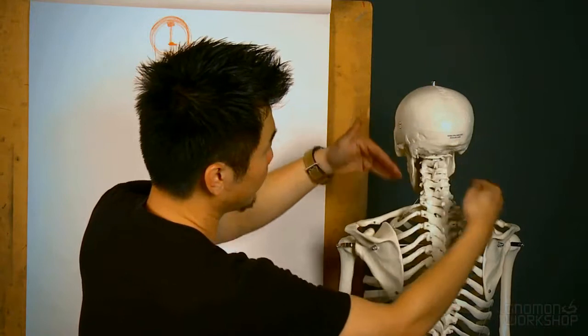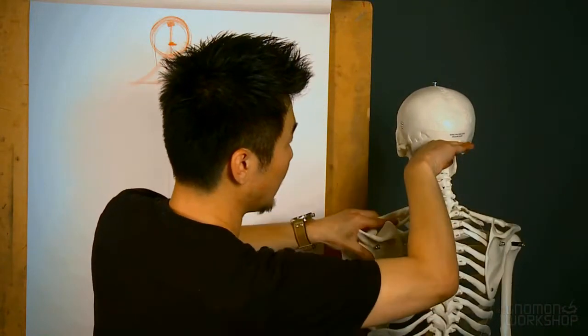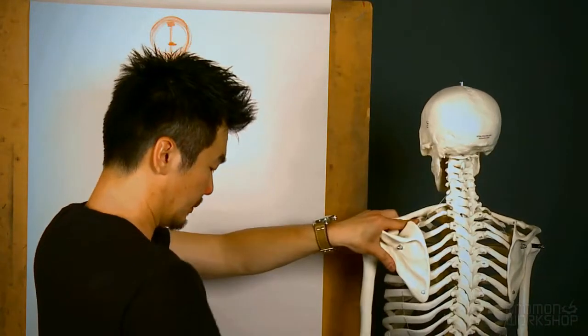That's where the end of the cranium is, where the trapezius muscle originates from.